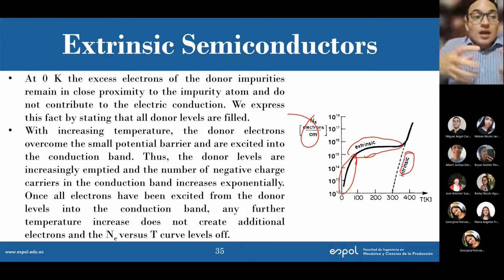At 300 Kelvin, I'm already giving enough energy for a lot of electrons to jump, even without the extra electrons or holes that I have when I dope my semiconductor. Is this clear, guys?